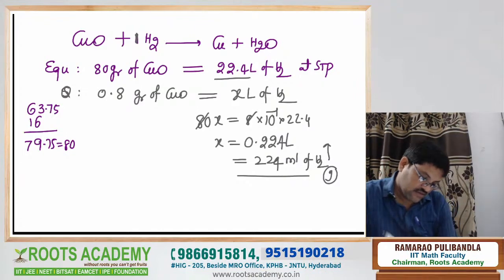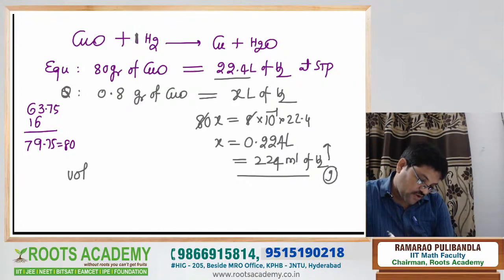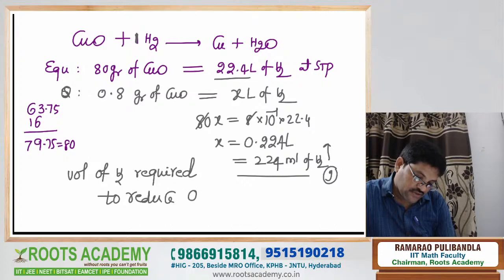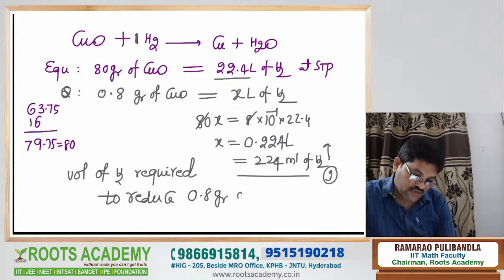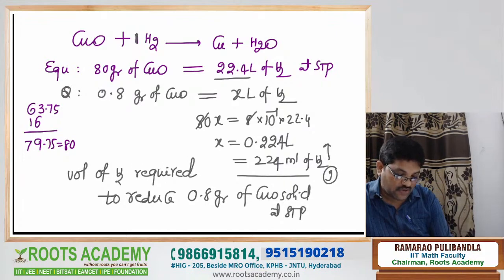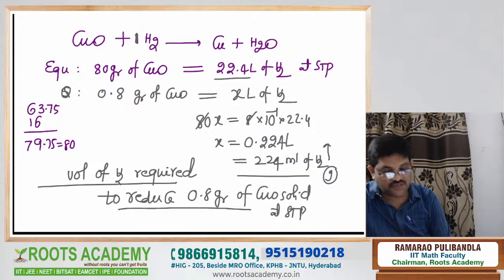So what is the question given? How much volume of the H2 gas is required to reduce 0.8 grams of the CuO solid at STP? That is the question given.